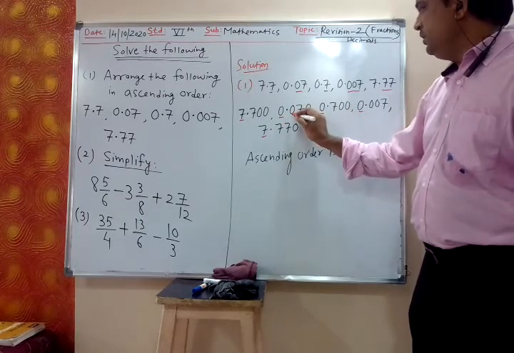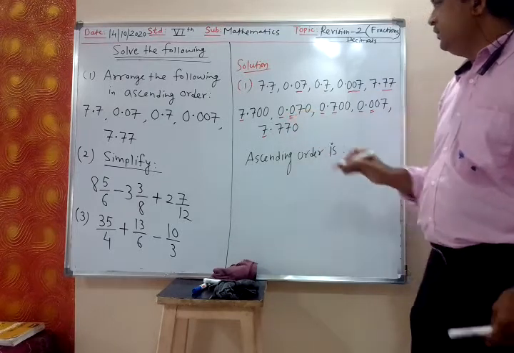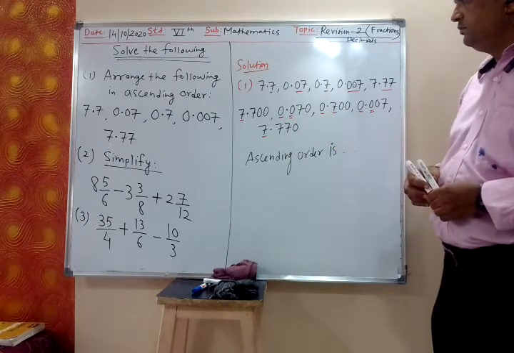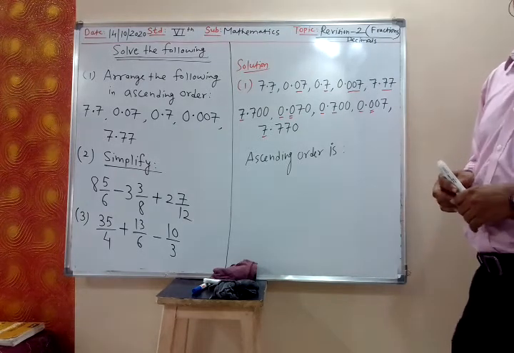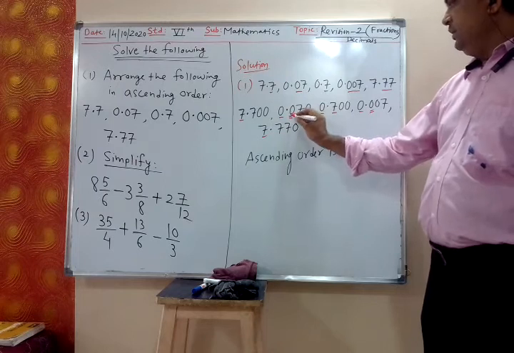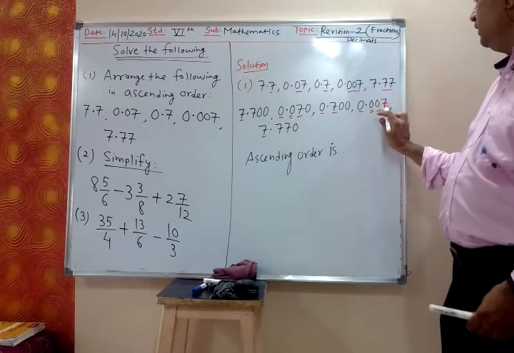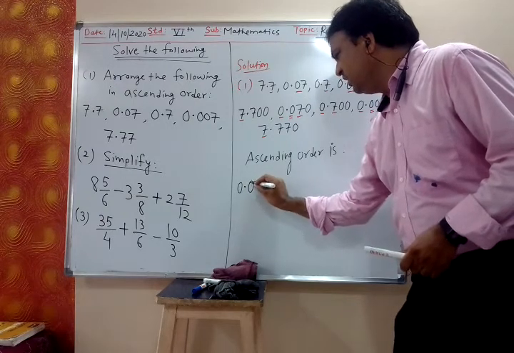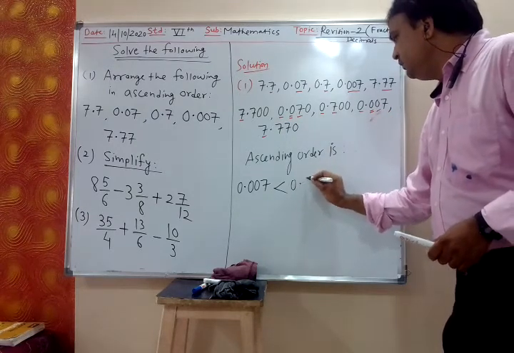Then after the point: 0, 7, 0, so I will focus on these two. 0.070 and 0.007: 0.007 is less than 0.070.